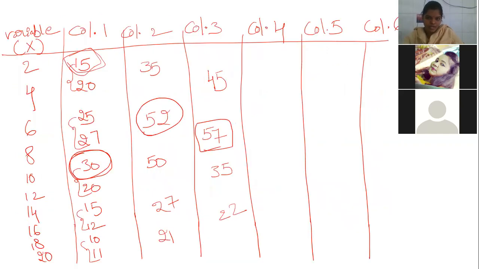Just do that. In column number 4, you are going to add these 3 numbers, 15, 20 plus 25. This is 60.